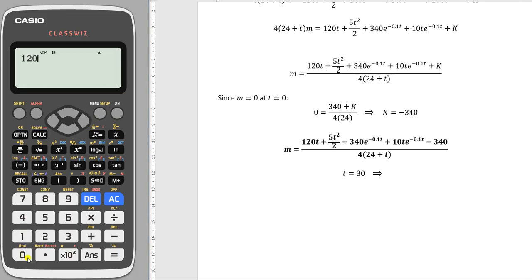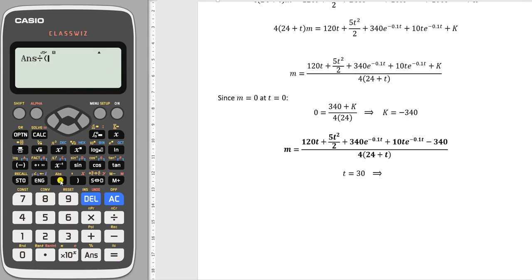If we try here, 120 times 30 plus 5 over 2 times 30 squared plus 340 times e to the power of minus a tenth of 30, so e to the minus 3, plus 10 times 30 times e to the minus 3 minus 340. So far I've got the entire numerator, so I've got a number for that.